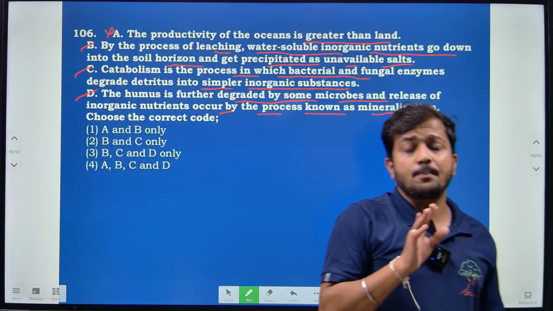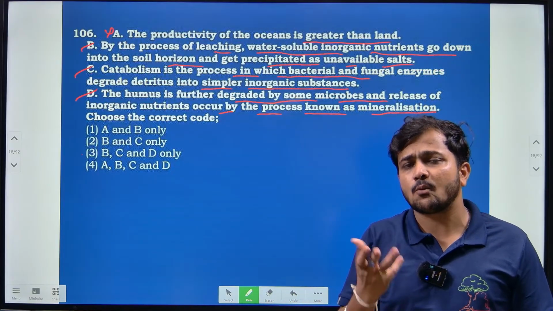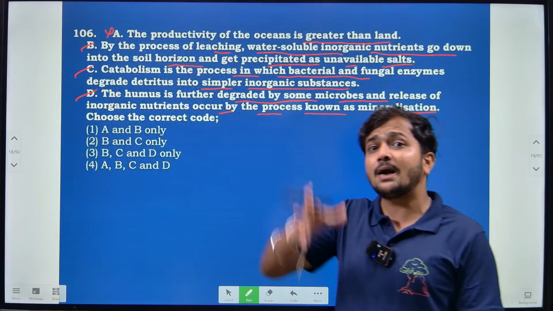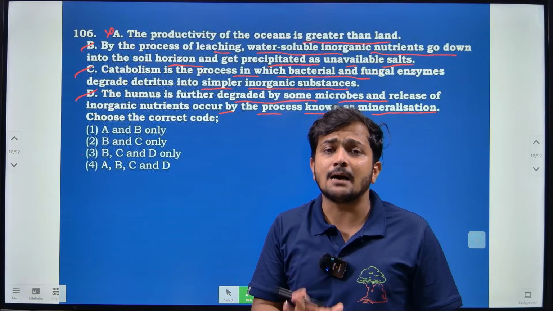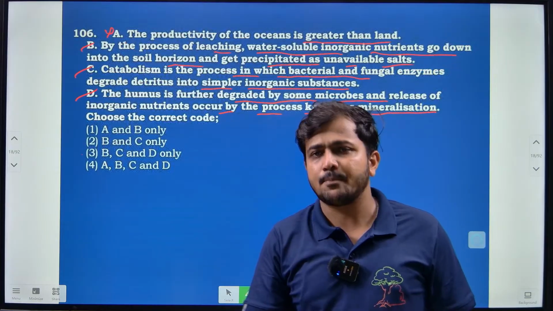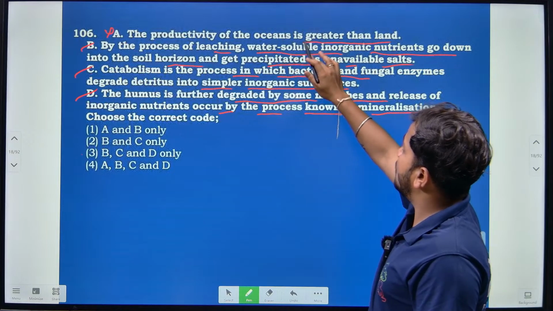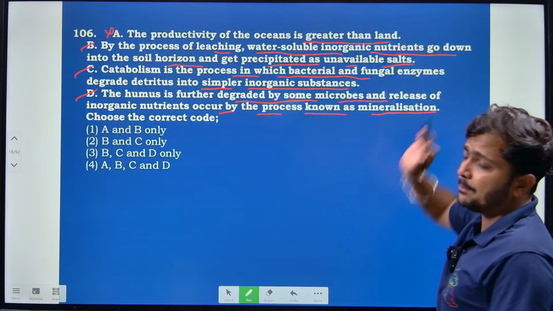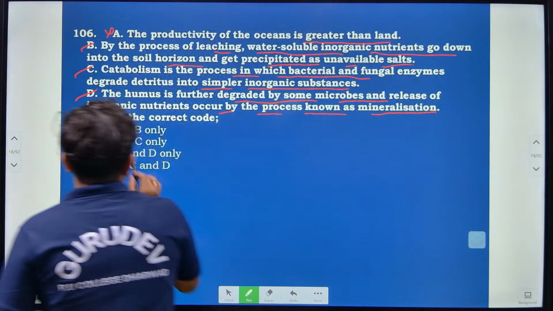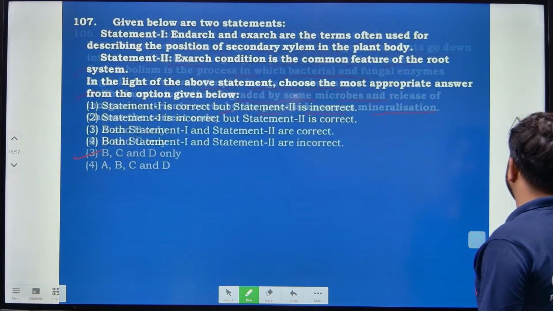In the ocean, the primary producers are phytoplanktons, so we will find an inverted type of pyramid in the ocean, or aquatic ecosystem. So the productivity of the ocean will be less than that of land. According to that, only B, C and D are correct, that is option 3.